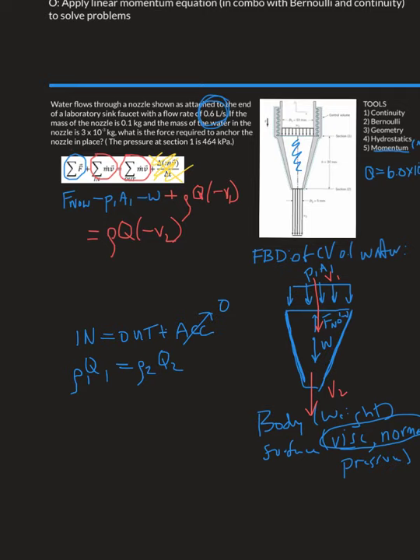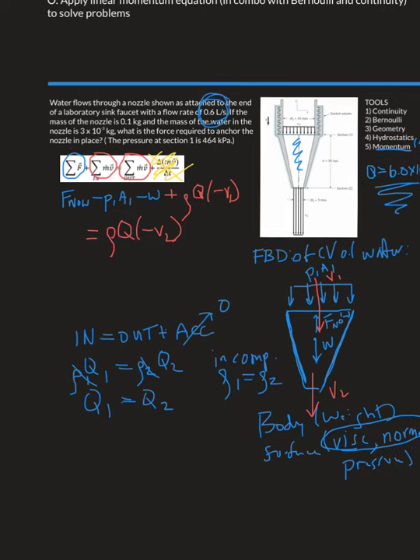Now we note that since it's incompressible, rho 1 equals rho 2, which means we can get rid of those, which means Q1 equals Q2. We only have one Q, and that's 6.0 times 10 to the negative 4 from over here. I'm going to have to figure out how to do this a little better.